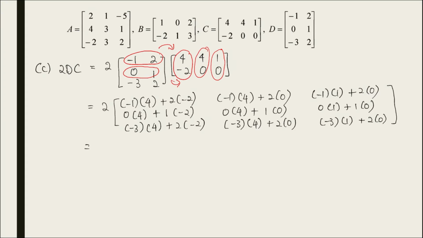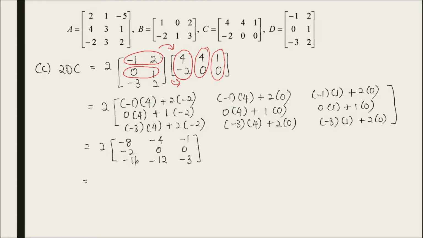Okay, then calculate. Use your calculator. That will give you negative 8, negative 2, negative 16, negative 4, 0, negative 12, negative 1, 0, and negative 3.